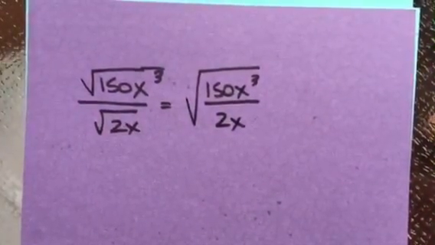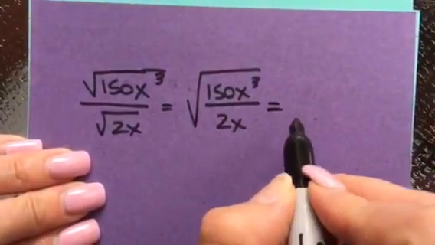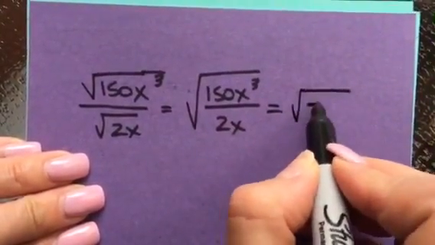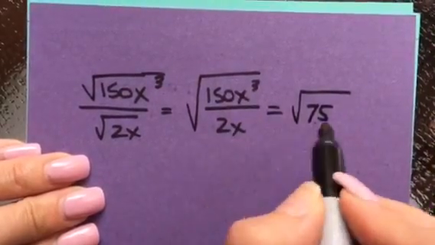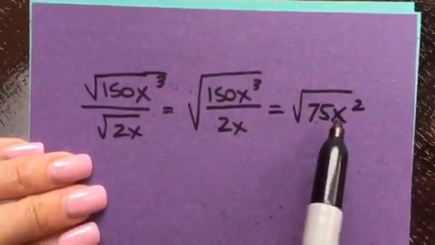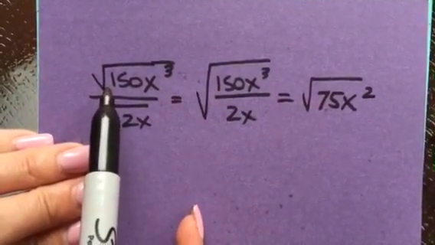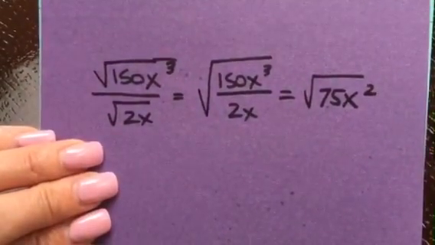Now this looks like there's something we can do something with here. 150 divided by 2, that would be 75, and then we've got x squared. Now we're getting somewhere, and this is already looking so much simpler than our original expression.